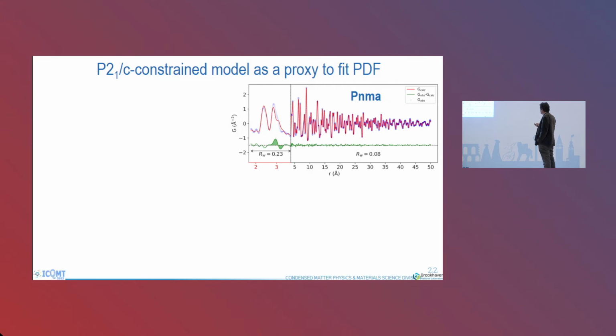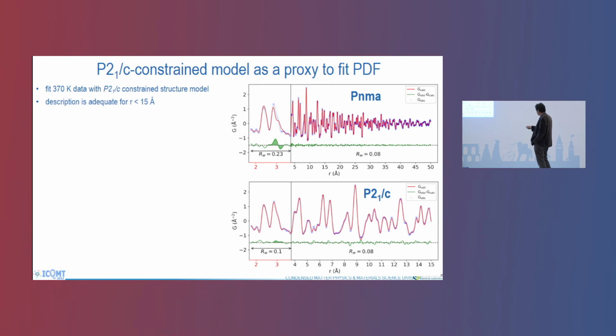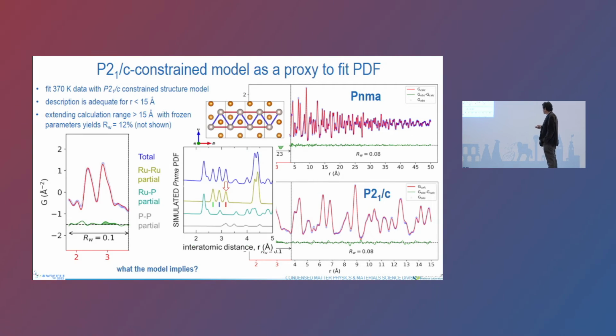It turns out that it can explain the PDF data over a length scale of 1.5 nanometers. If you then use frozen parameters and extend the calculation to compare it to the data, you see that beyond that length scale, the model starts failing. So this is basically how it looks.